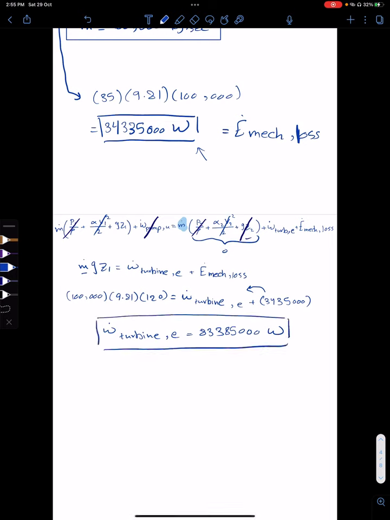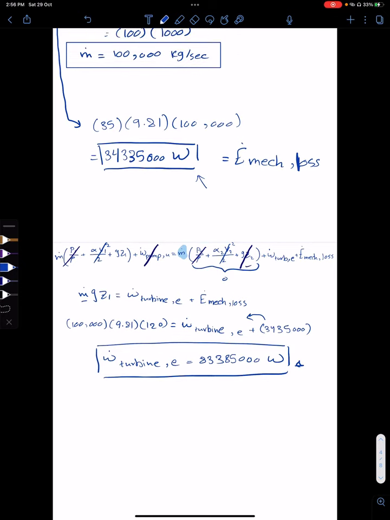At this point, what we got is the power that is flowing inside of the turbine, the actual number of the power flowing through.